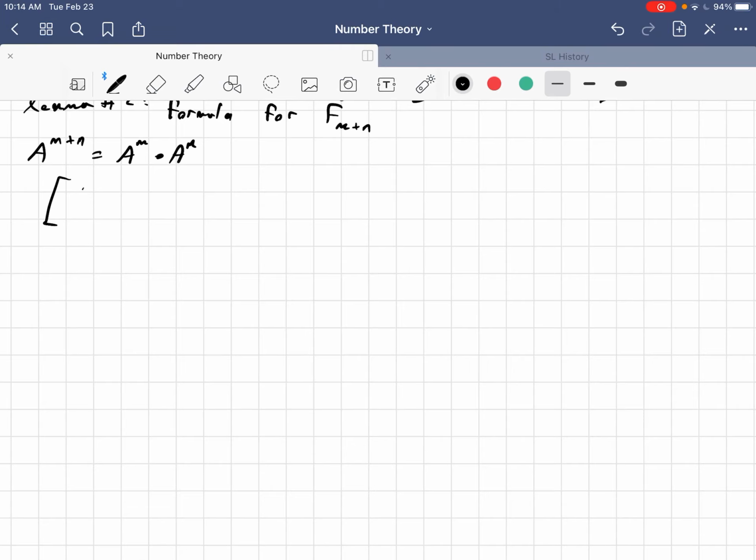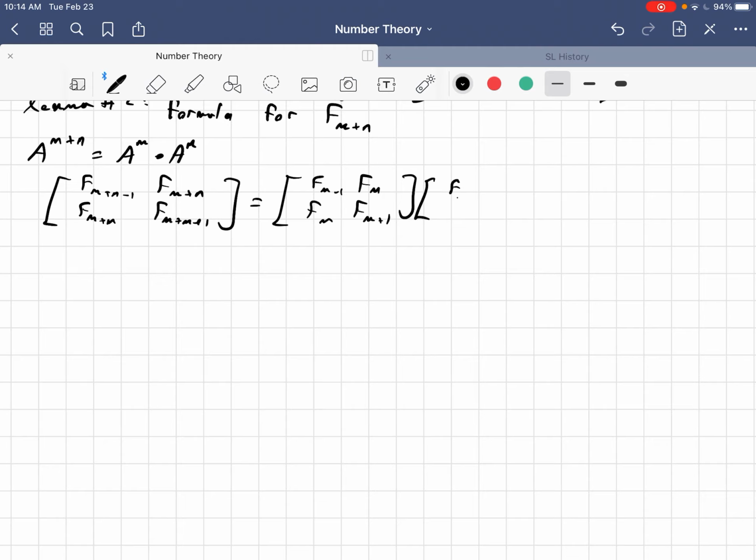So in other words, f sub m plus n minus 1, f sub m plus n, and f sub m plus n plus 1 is equal to f sub m minus 1, f sub m, and f sub m plus 1 times the matrix f sub n minus 1, f sub n, and f sub n plus 1.